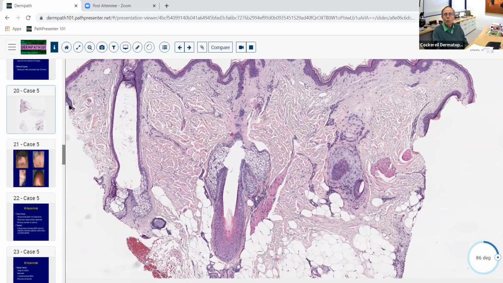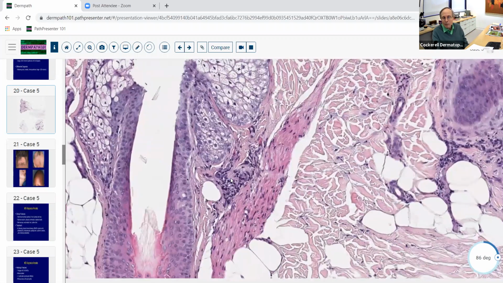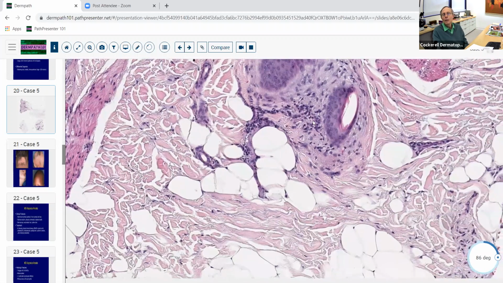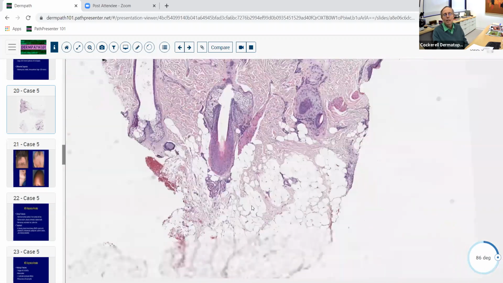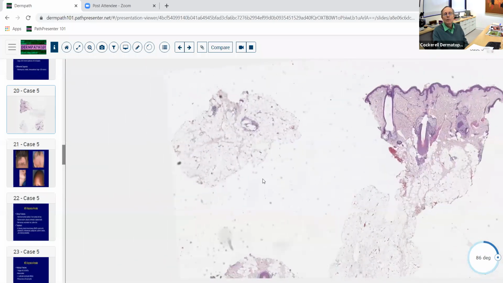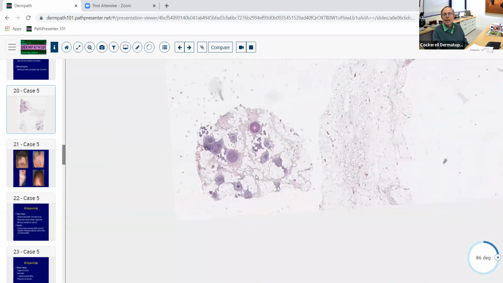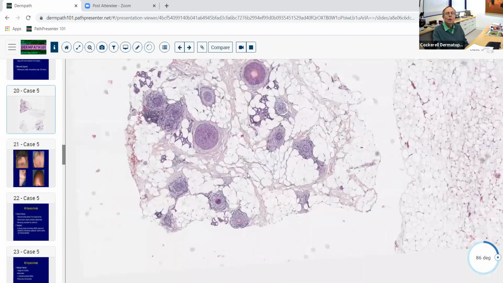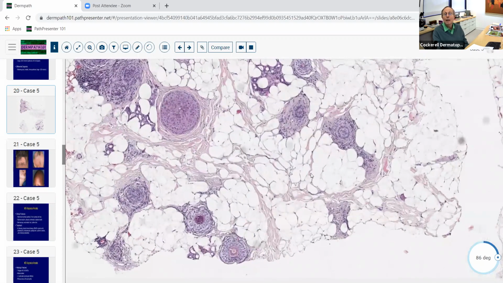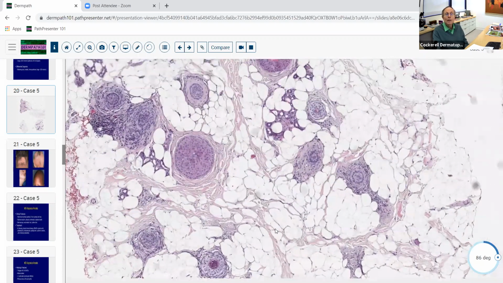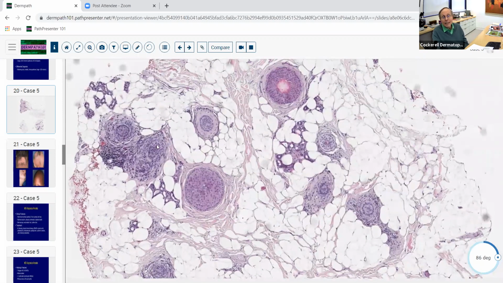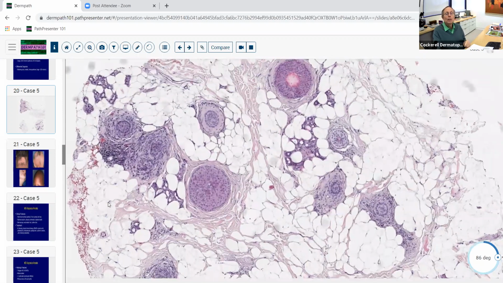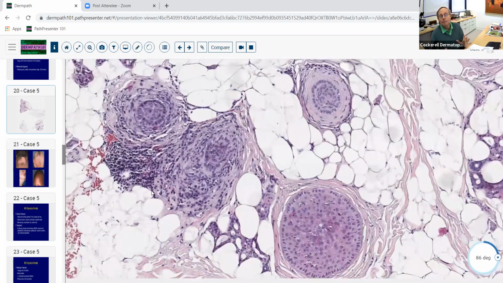So this is not the world's best example. Here's maybe a little bit of residual peribulbar inflammation, a little bit over here too, but this isn't our best example of it. So if you see that in that section, go over and take a look at the horizontal section. And here it's a lot better. We've got more follicles to look at. We've got about 20, and we've got 3 or 4 follicles here where there's nice peribulbar inflammation.